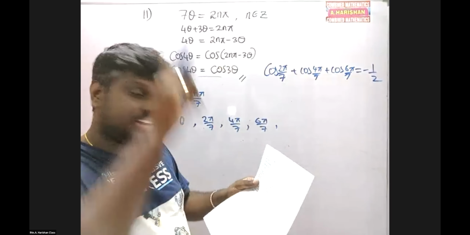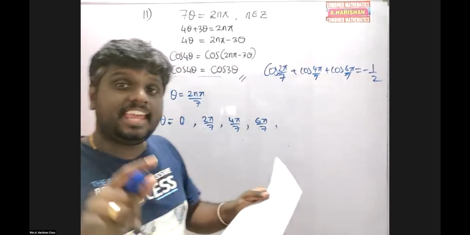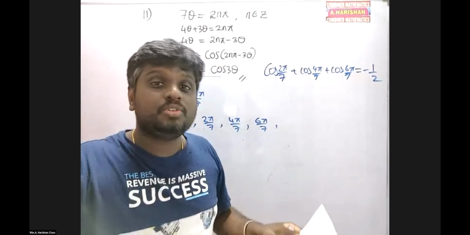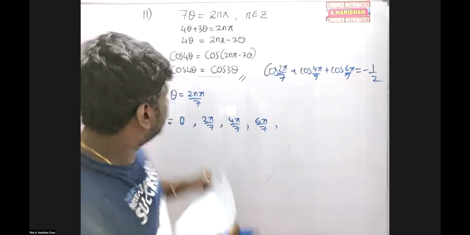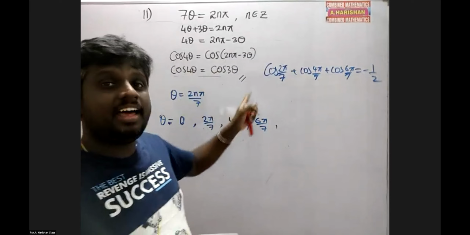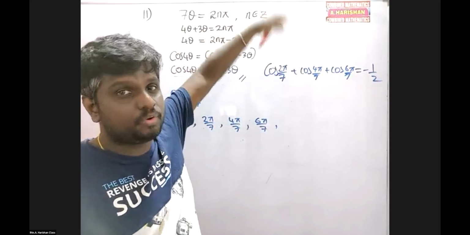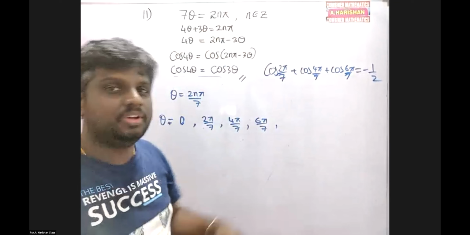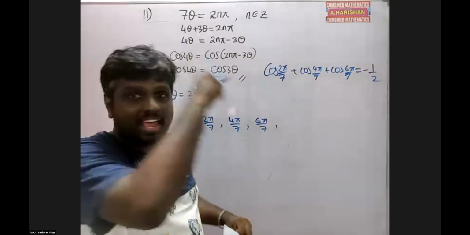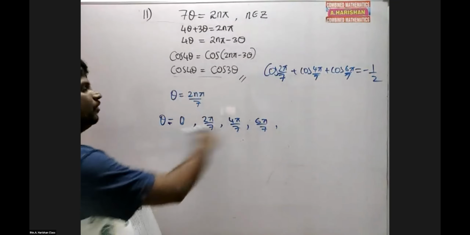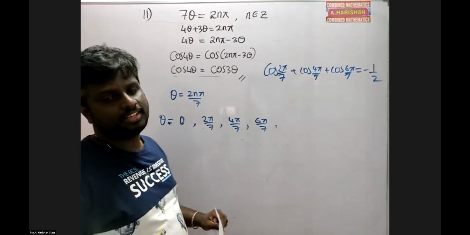Yes, the first one showed that 8 cos to the power 4 theta, that equals cos 4 theta minus cos 3 theta. So if cos 4 theta equals cos 3 theta, that quartic, that is the power 4 equation, is going to be 0. So from there only we have to get this. Understood? So there are 4 solutions.